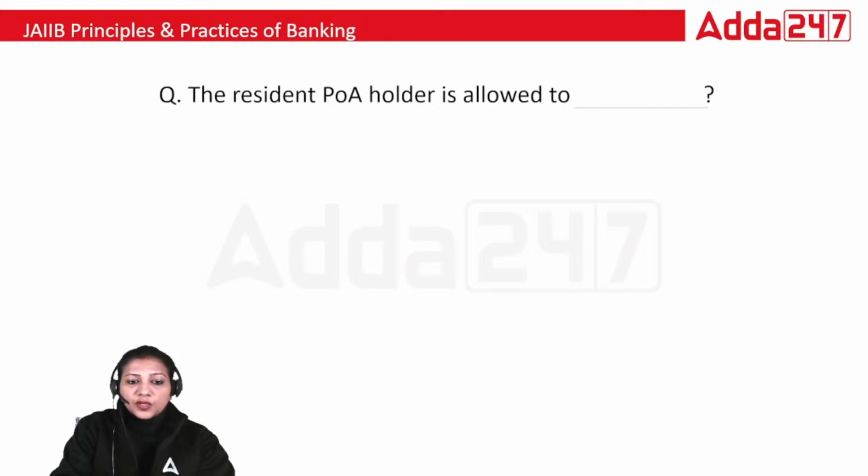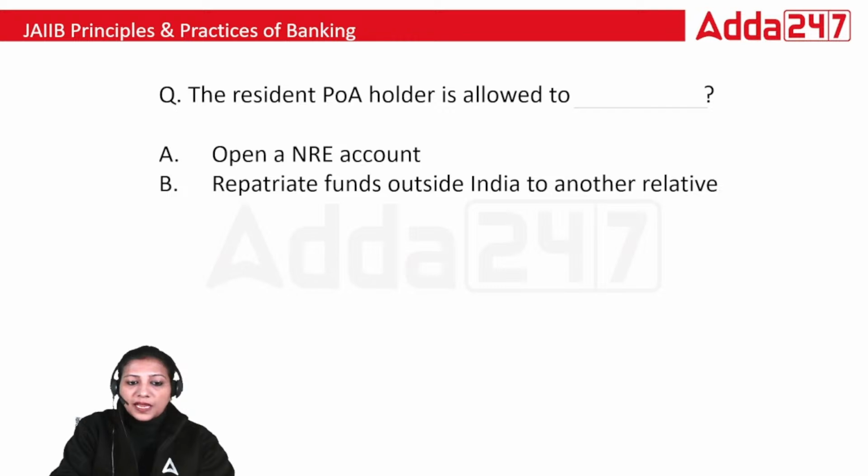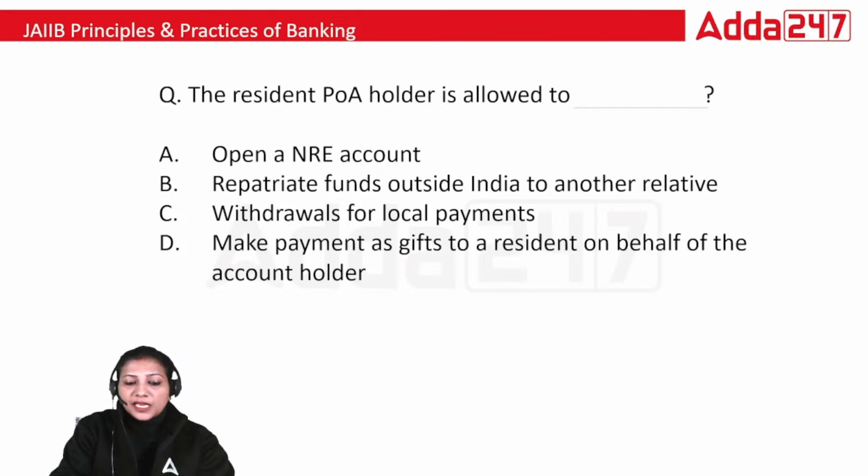The resident POA holder is allowed to open an NRI account, repatriate funds outside India to another relative, withdraw for local payment, and make payment as a gift to a resident on behalf of the account holder. So in all of these, what are the allowed transactions for a resident POA holder in case of an NRI account?